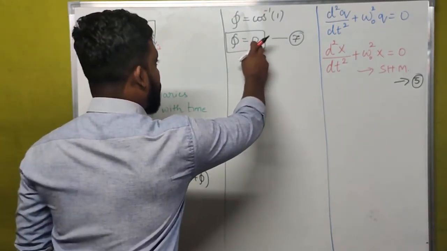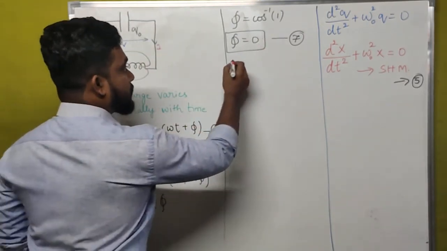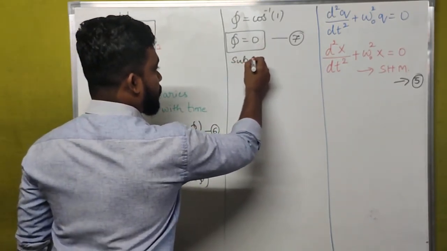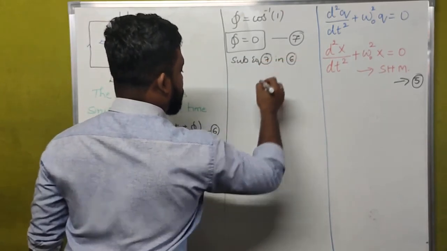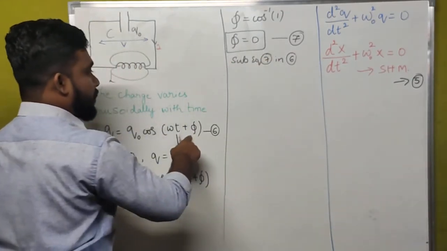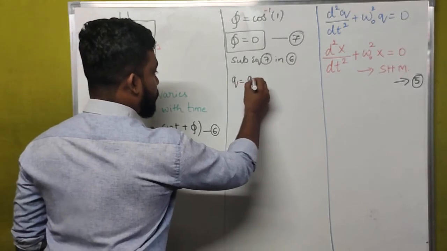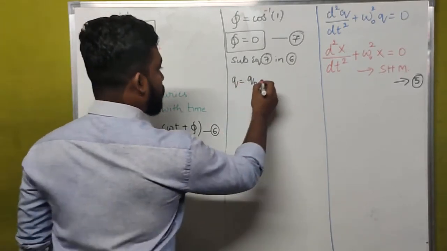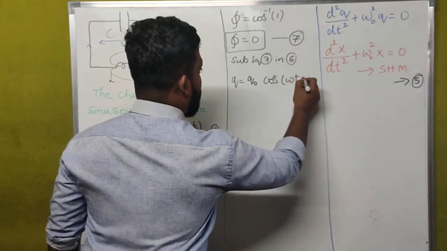If we substitute equation 7 in equation 6, with the value of phi as 0, then Q is equal to Q naught cos omega t.